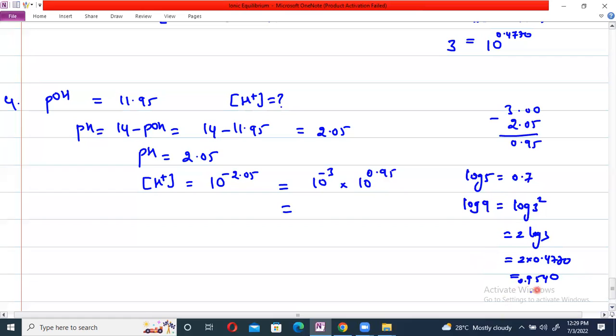Yeah, log 9 is 0.9540. So anti-log of that value is nothing but the 9. So 10 to the power of minus 3 into 9. Hence, concentration of H plus is 9 into 10 to the power of minus 3 normal. So this is a way to calculate the pH.